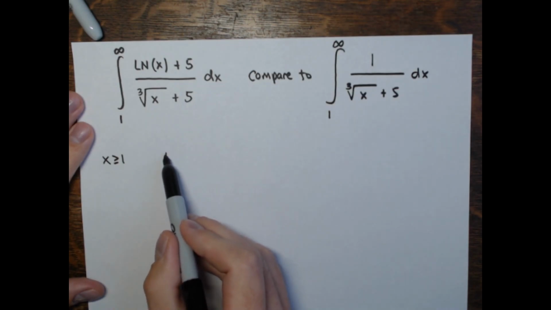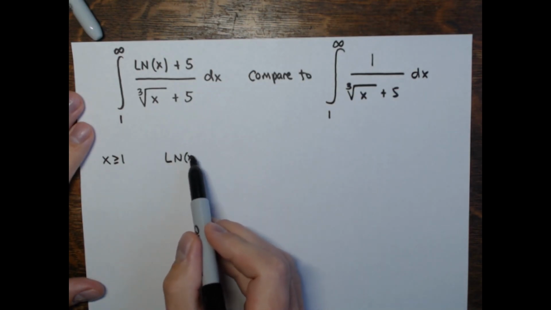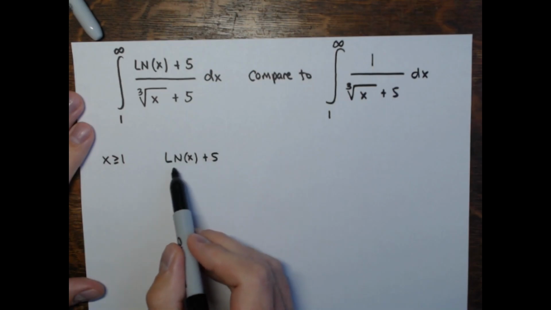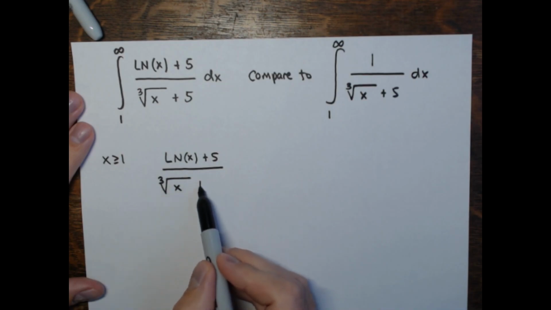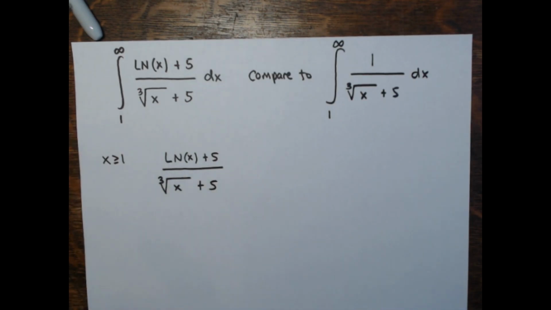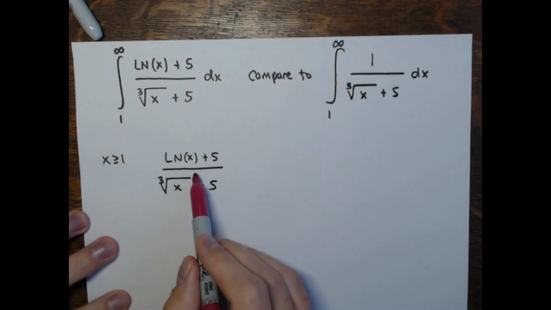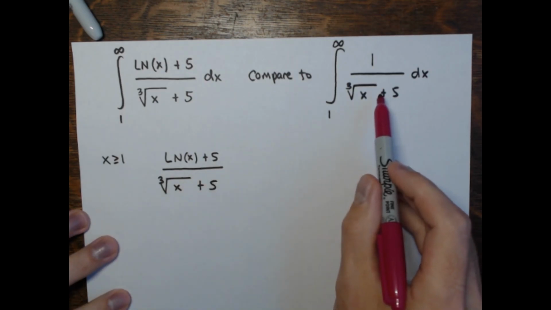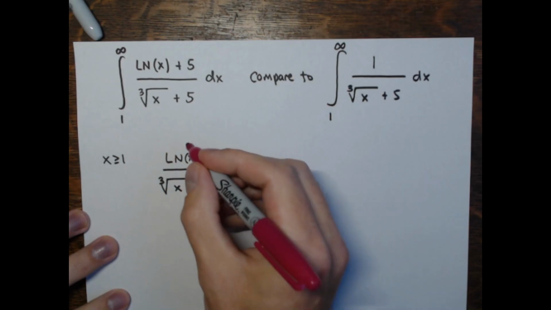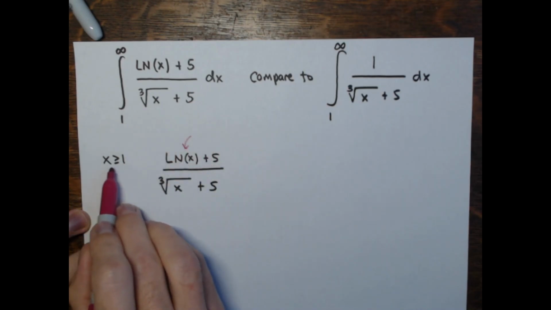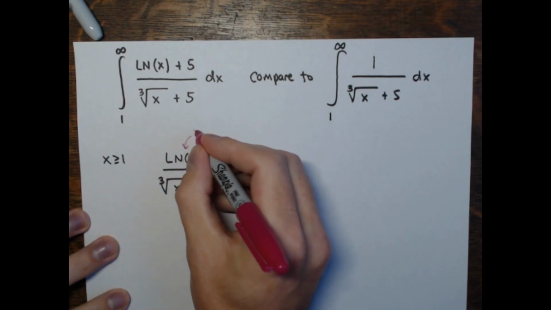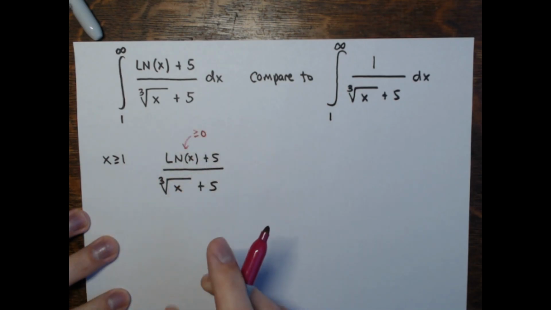And for those values, if you start with the original, natural log of x plus 5 divided by the cube root of x plus 5, and compare this to the function 1 over the cube root of x plus 5, this natural log of x, when x is greater than or equal to 1, is greater than or equal to 0. This is non-negative.